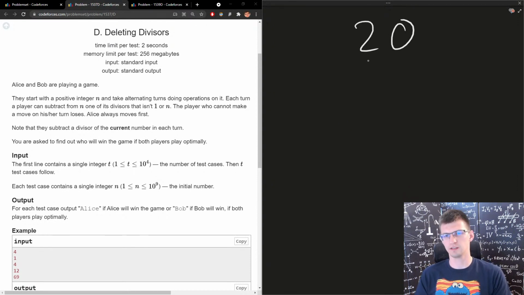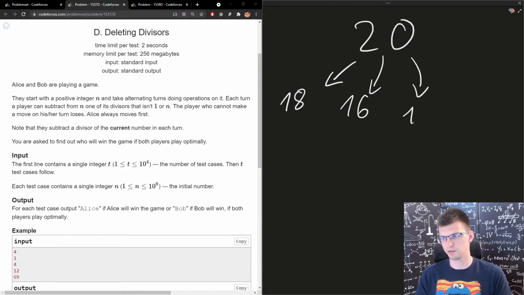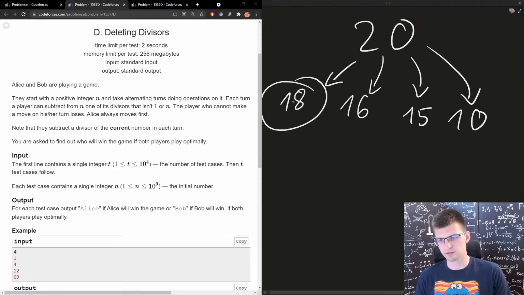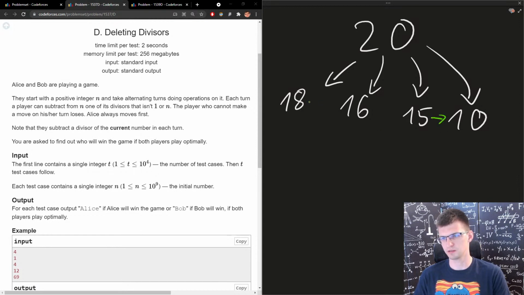Right, we cannot subtract 1, we can subtract 2, you will have 18, 4, 5, right, 16, 15, anything else? 10. You can subtract one of the divisors. 18 unlocks many more possibilities. Also, there are possible edges like this one.